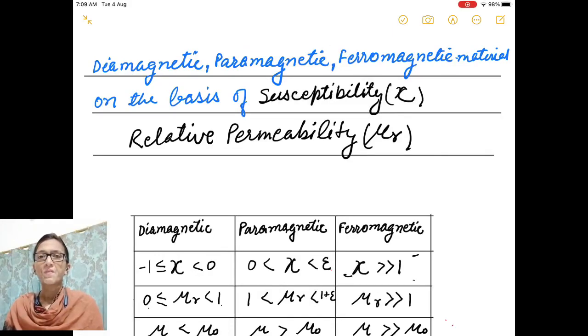Hi. So today we will learn the magnetic properties of matter, and we will classify the substances as diamagnetic, paramagnetic and ferromagnetic substances on the basis of susceptibility and relative permeability.